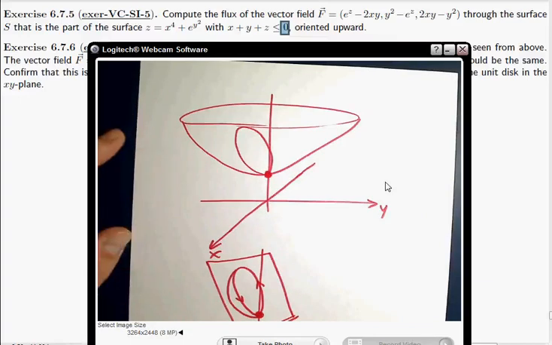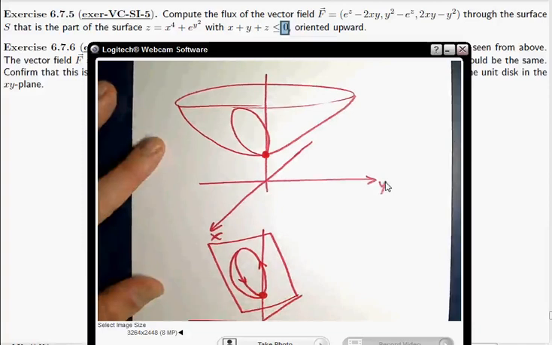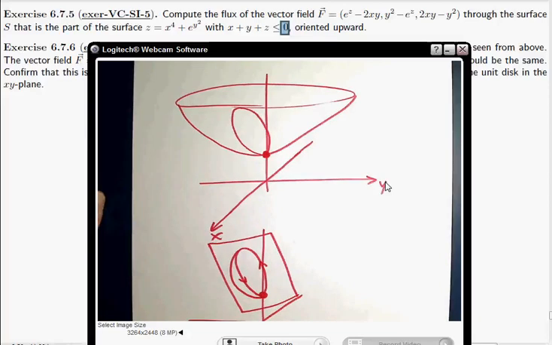Back to the problem. We want to compute the flux of that vector field through this surface. We have a strong reason to believe surface independence is going to come in here. But even if we hadn't, how do we compute fluxes? We either use Stokes's curl theorem or Gauss's divergence theorem. One way or the other, we need to compute divergence.